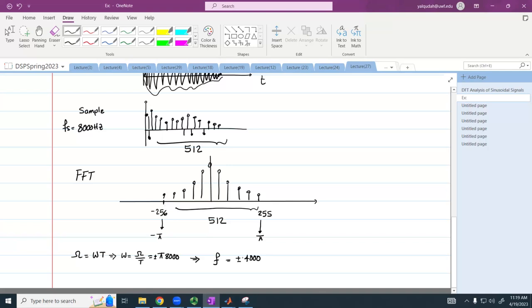And therefore, if I want to plot this against the frequency, which we often do, if I label this as a frequency, this value here is going to be minus 4,000, and this value here is going to equal 4,000. Does that make sense?